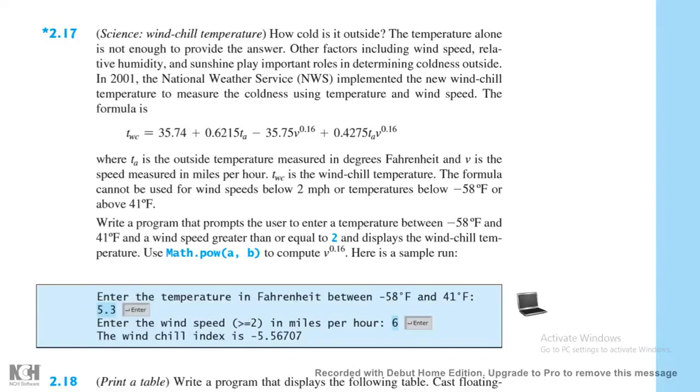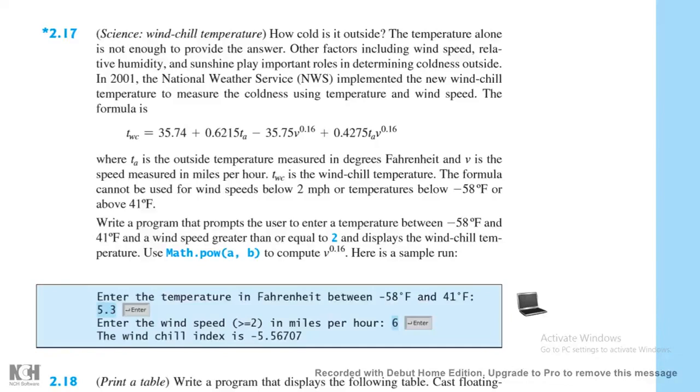So TWC is the wind chill temperature. The formula cannot be used for wind speed below 2 mph or temperatures below minus 58 degrees Fahrenheit or above 41 degrees Fahrenheit.